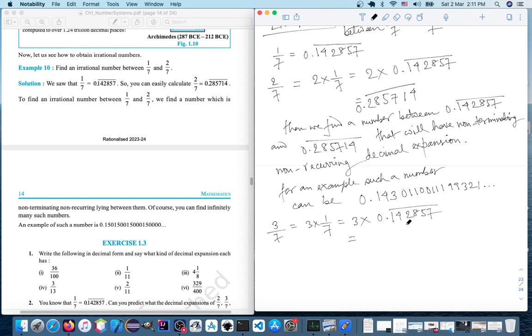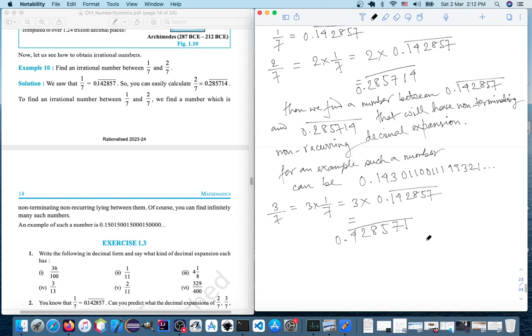If you do a simple multiplication, this becomes 0.428571 bar. We just multiplied 0.142857 with 3, ignoring the bar, and this was the result, and we put the bar after the decimal point.